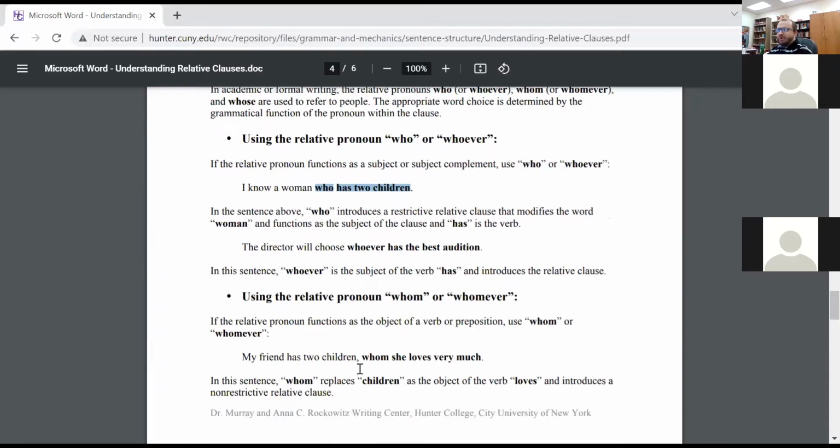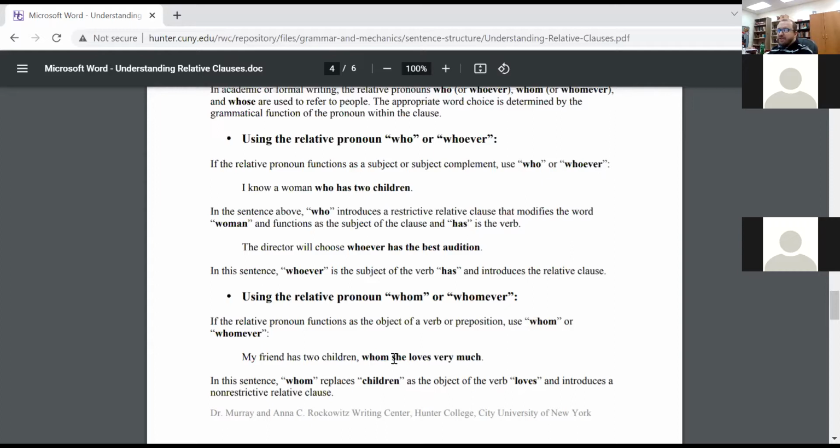Whom is used whenever it's something that you can omit from the sentence. Whom sounds kind of archaic in a way when it comes off the tongue. It sounds like you're reading from the King James Bible or something. It sounds 17th century. "My friend has 2 children, whom she loves very much."